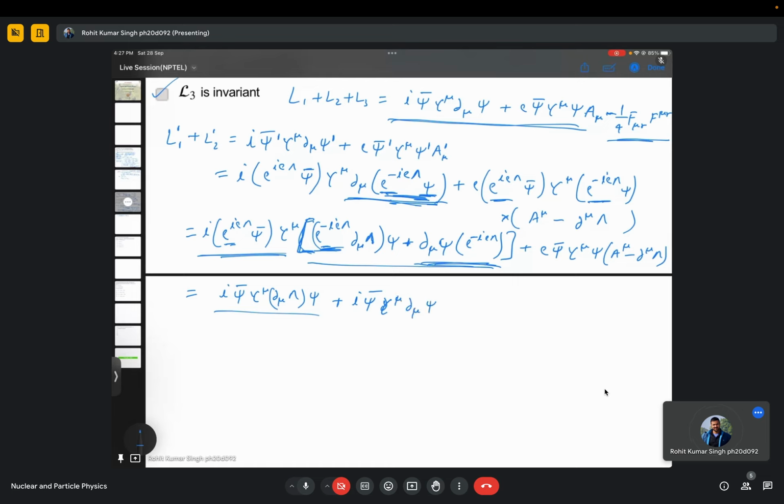Okay, and now the second part we will just multiply into the bracket A mu, okay, minus E psi bar gamma mu psi del mu lambda. Right, now you see this cancels out with this, and you are left with what you had in the beginning, right?